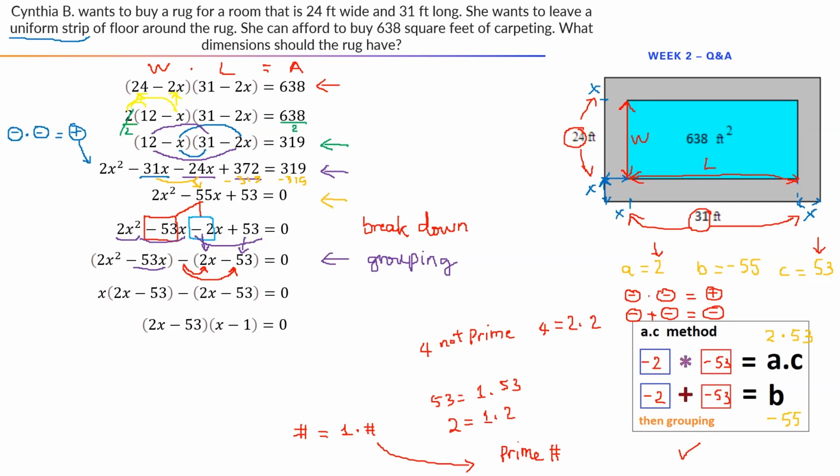Okay, so now similar factor. You see the common factor between those two big terms. So we have here 2x minus 53. 2x minus 53, we take that out.